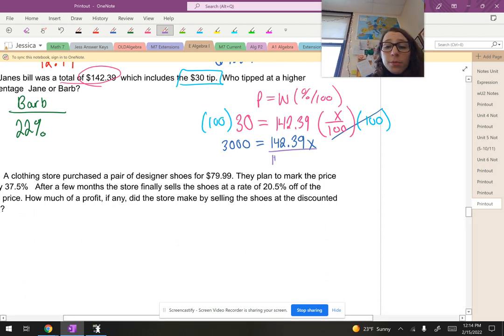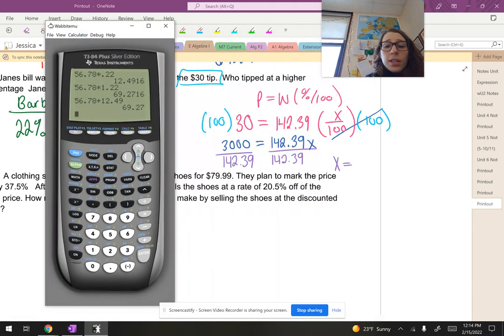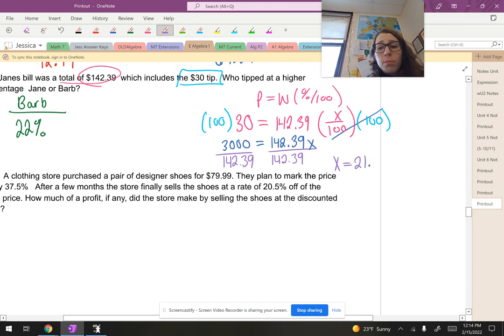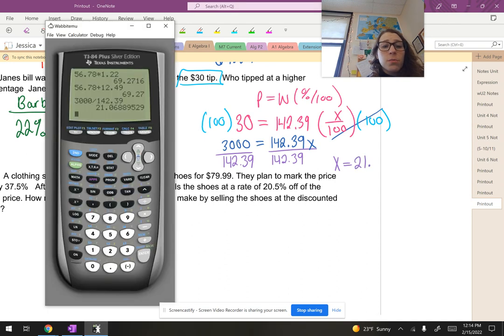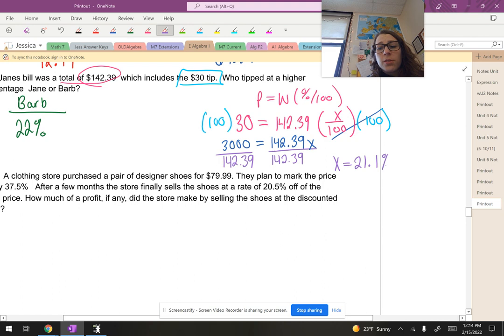Take one more step to get that x by itself and divide both sides by the 142.39. To get x is equal to 3,000 divided by 142.39, which is 21.1%.